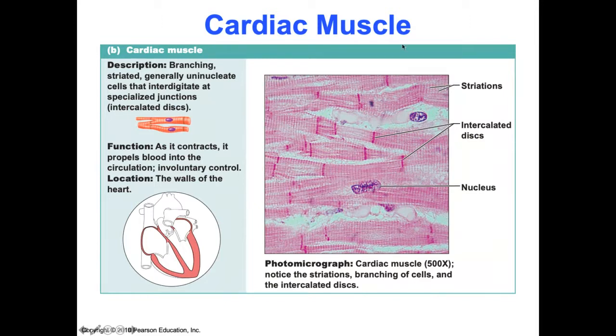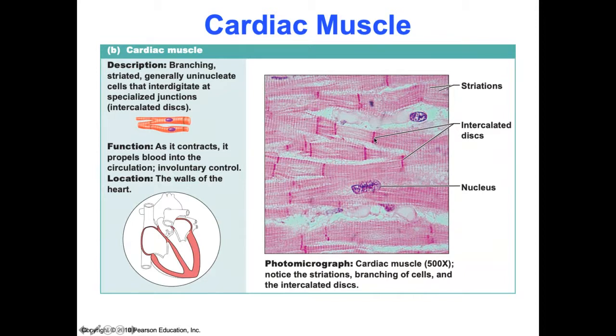One of the other unique features of cardiac are these intercalated discs. These darker red lines that we see here are called intercalated discs. Intercalated discs are where one cardiomyocyte and another unite. They come together at these gap junctions.